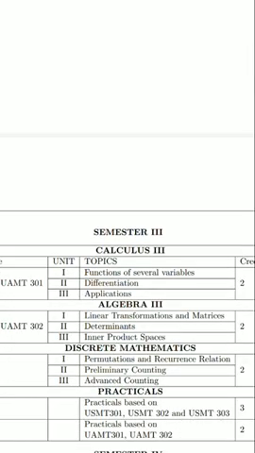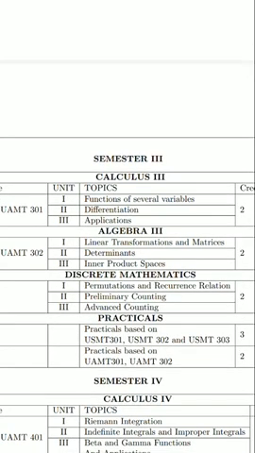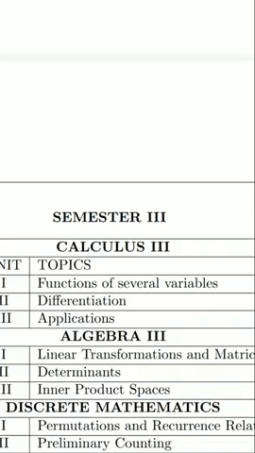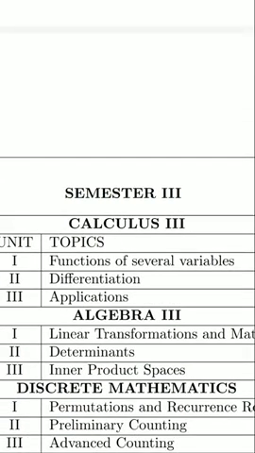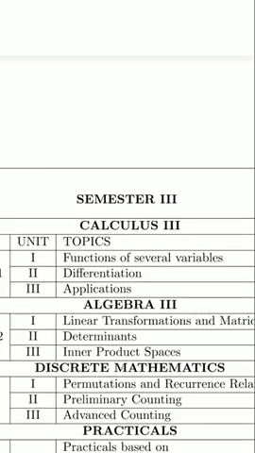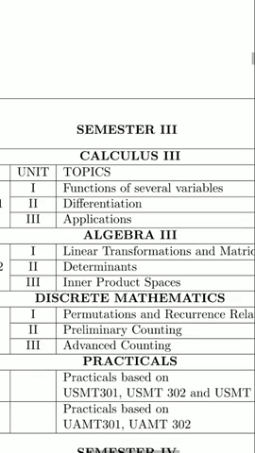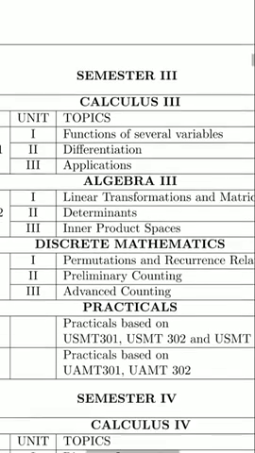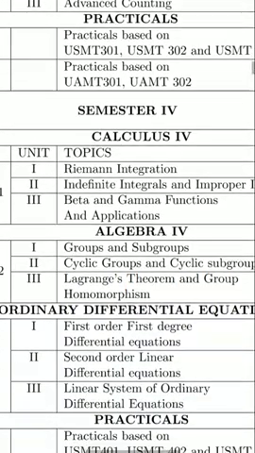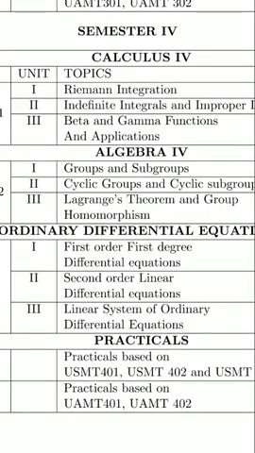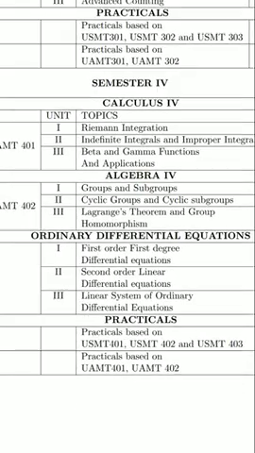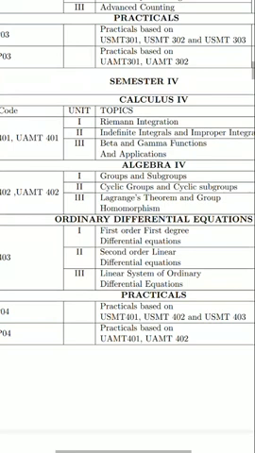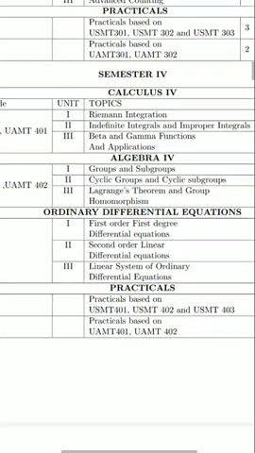So let us see here. These are the papers for semester number 3, and semester number 3 is over: calculus third, algebra third, and discrete mathematics and practical. Now we have semester number 4. In this semester there are 3 theory papers.